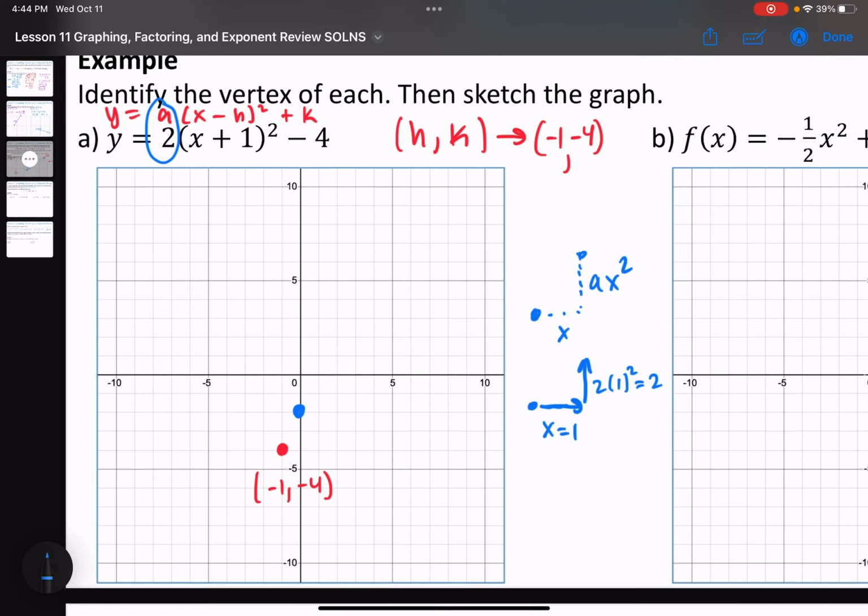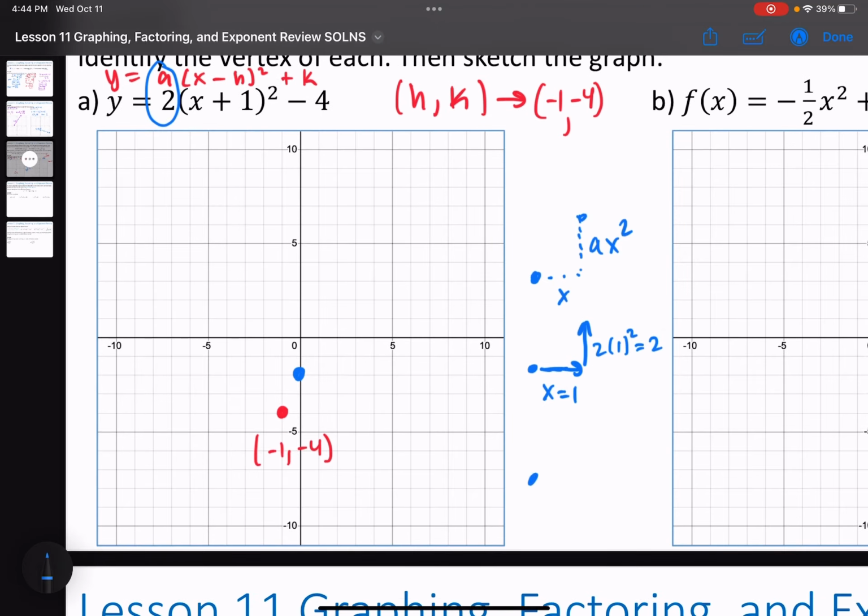Now I can change my x value. If I change my x value to x is equal to 2, how many units will I go up? It'll be 2 times 2 squared, which is going to be 8. If I go over 2, I'm going to have to go up 1, 2, 3, 4, 5, 6, 7, 8 points. And you can see that it's going to grow pretty fast.